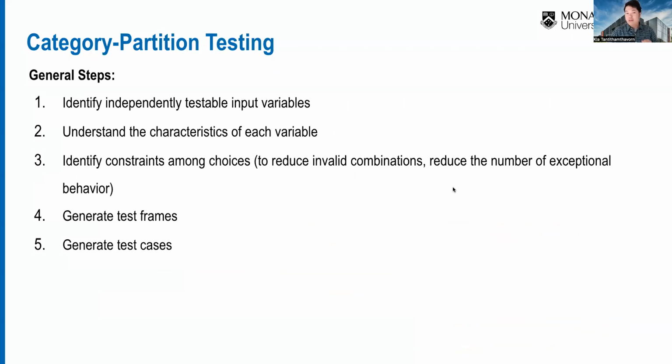Okay, there are five general steps, so easy. I try to simplify it as much as possible. First, identify the method name and the input variables. When we read the specification, we need to think about what the method name is and what the input variables to that method are.